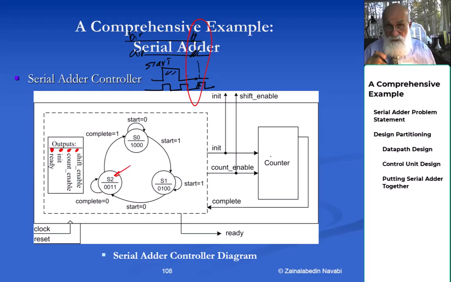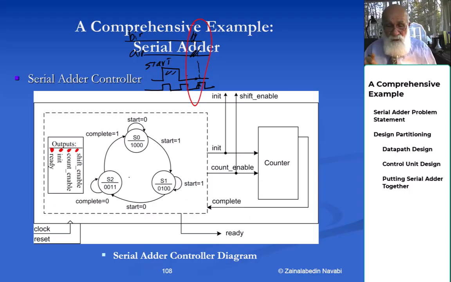When I come to state 2, 2 things have to happen. In state 2, each time with a clock, I have to shift 1 bit of data into the shift register. But I also have to keep a count of it.